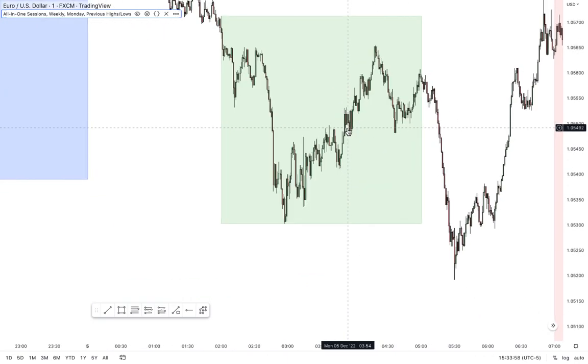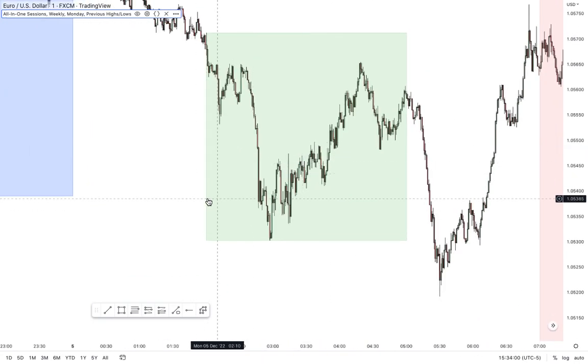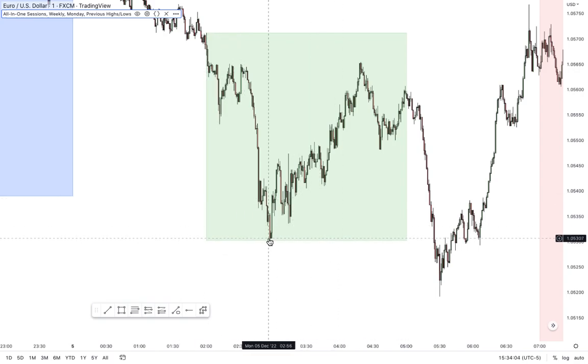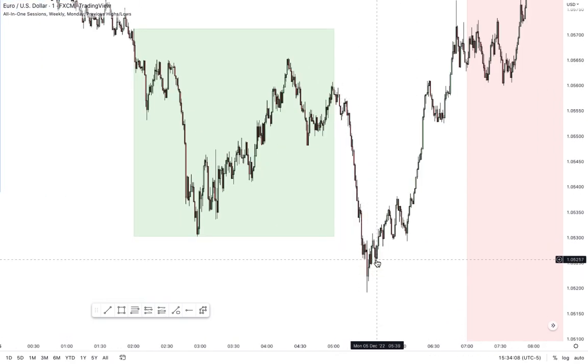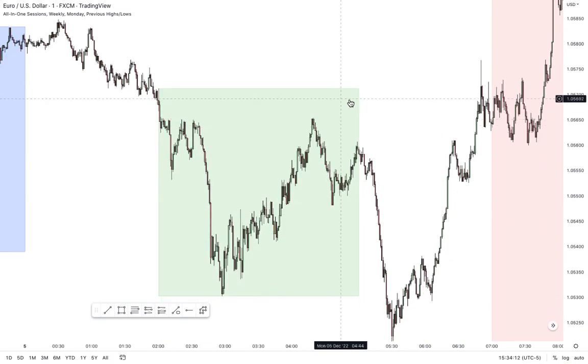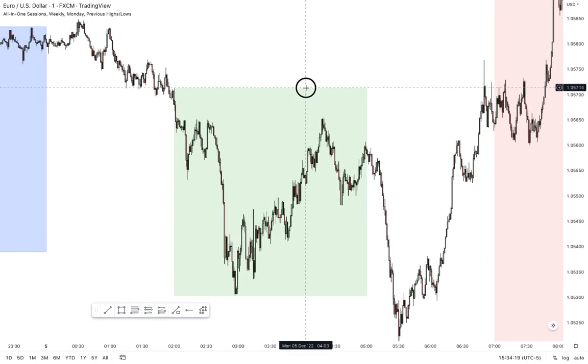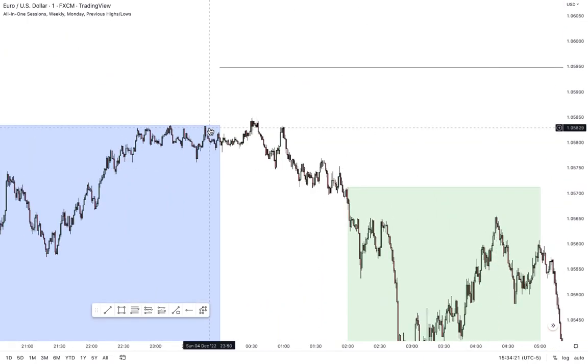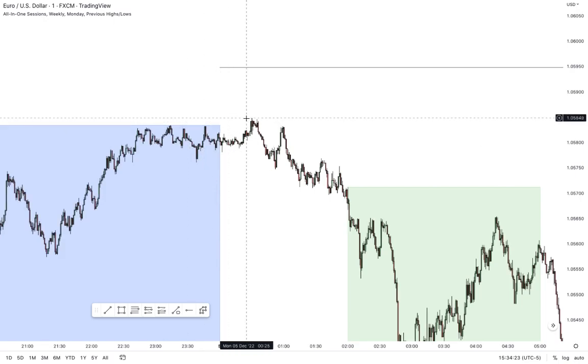After that, this green box is the London kill zone. After this London kill zone low, we wait for our entry, and where should your target be? The 5R, the 10R, and the next target would be the London session high, and after this the day's high.